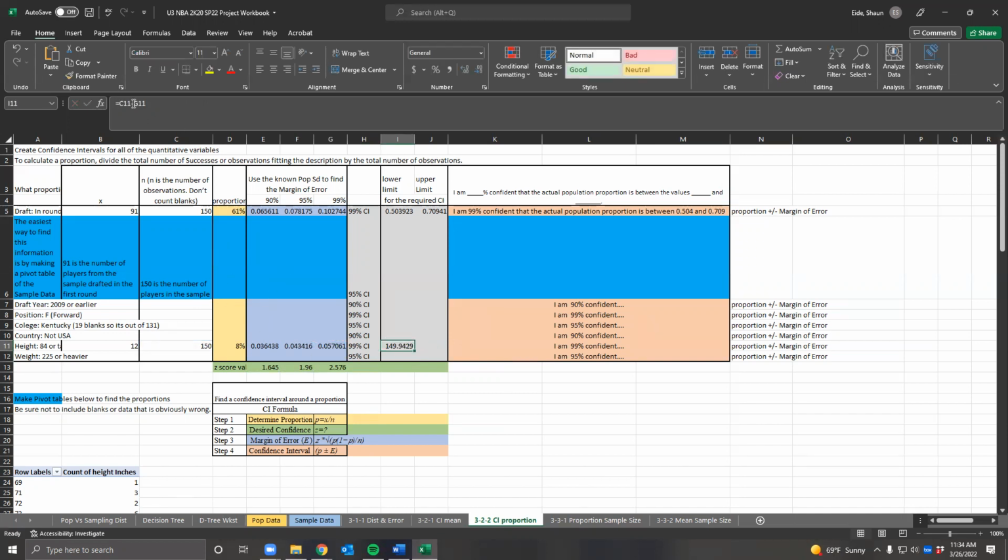Equals the proportion. There we go. And then equals the proportion plus the 99% margin of error.